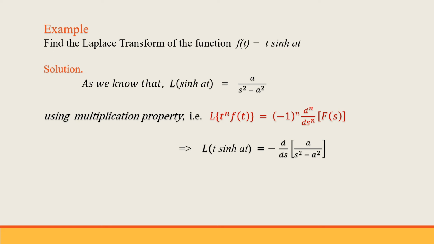So by solving the differentiation, we get the Laplace transform of t into sinh at as 2as by (s square minus a square) whole square. So if you remember the Laplace transform of basic functions, by using the Laplace transform properties, you can easily find out the Laplace transform of other complicated functions.